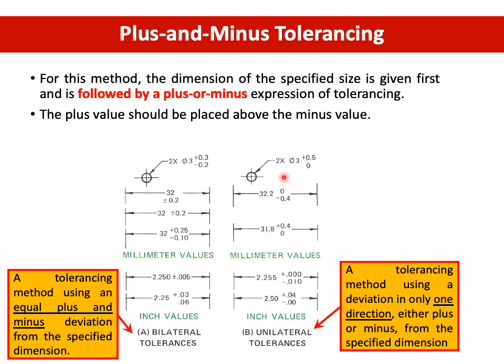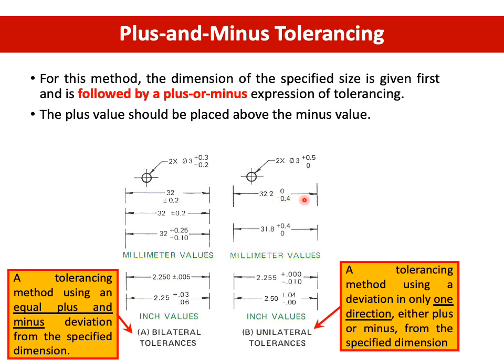In the second example, there is only a decrease in the values. If it's 0 for the maximum, put 0. If you have a minus, you need to put minus 0.4.